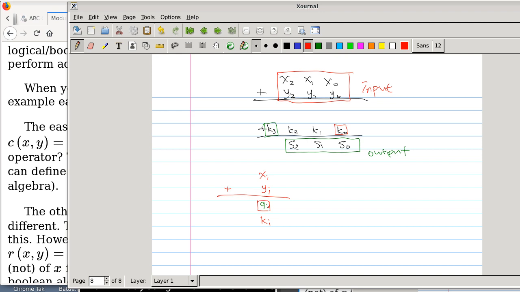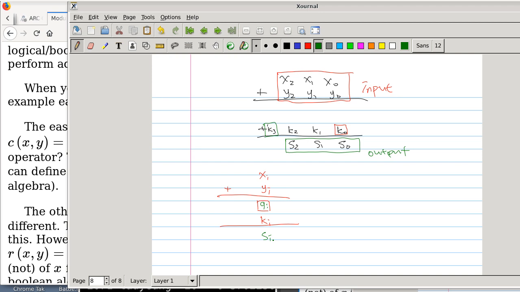So when you look at qi and ki as inputs to a half adder, the r output of this, which will appear in green because it's an output, becomes si. That's pretty clear because we know how si relates to qi and ki. It is really just the result of adding those 2 bits, the partial sum of those 2 bits. So now the biggest question is, what about ki plus 1?